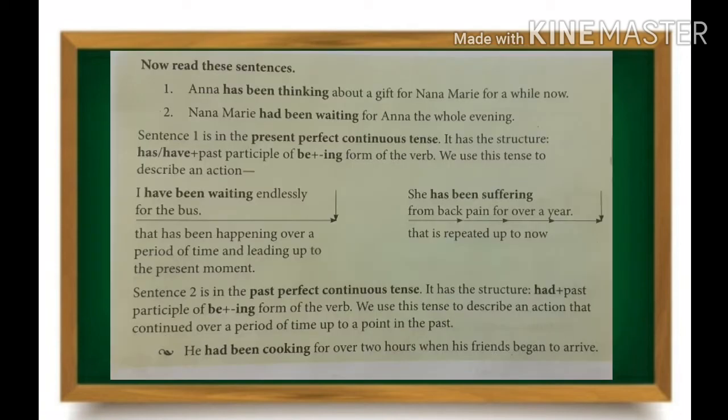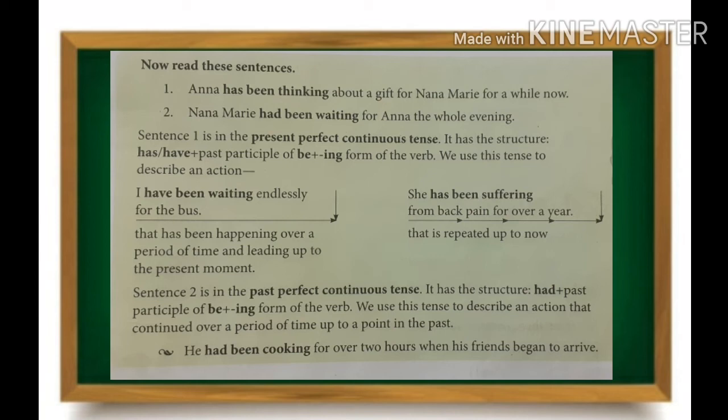Now we will see what is present perfect continuous tense and past perfect continuous tense. You see, in the first sentence in your textbook, page number 115, Anna has been thinking about a gift for Nana Mary for a while now. Or we can say Anna has been thinking about a gift for Nana Mary since morning.